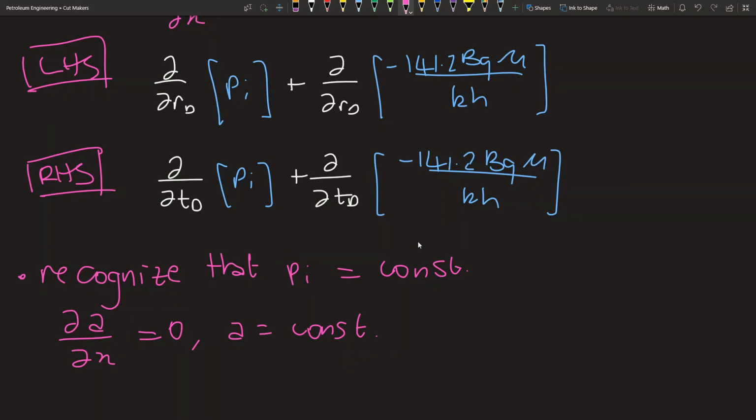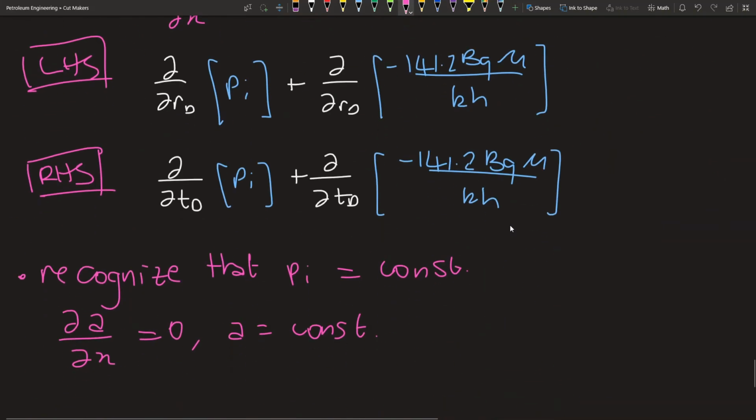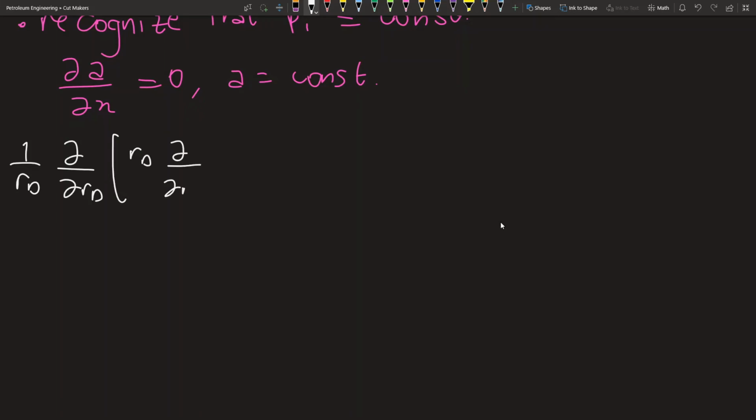So we can actually just rewrite the whole equation as follows. I'm just going to use white for this to keep it simpler. 1 over R sub d, dou over dou R sub d, there was an R sub d here, dou over dou R sub d again. I'll write this down here, minus 141.2 BQ mu P sub D over KH.